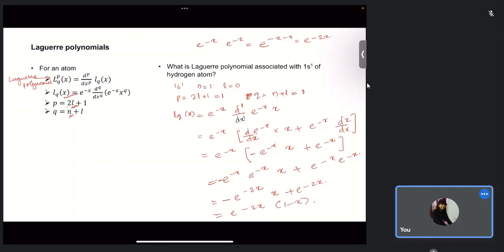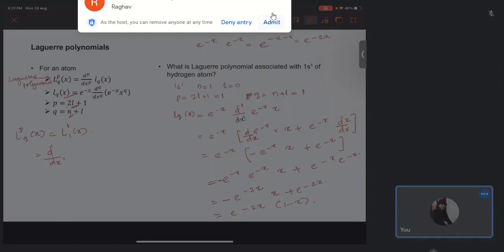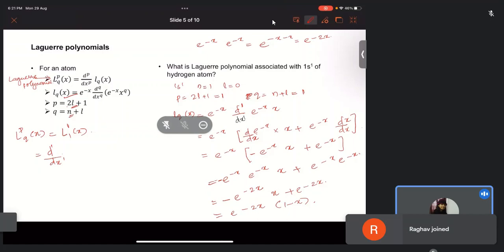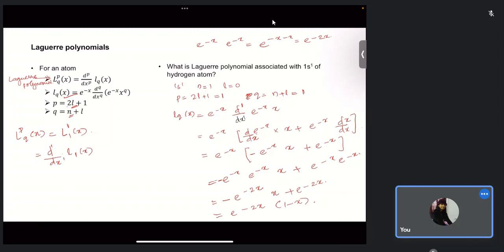And now we have to find L_p^q of x. Here it is going to be L_1^1 of x. So this is d by dx, d raised to 1, as p is equal to 1, of L_1 of x, which we already know.